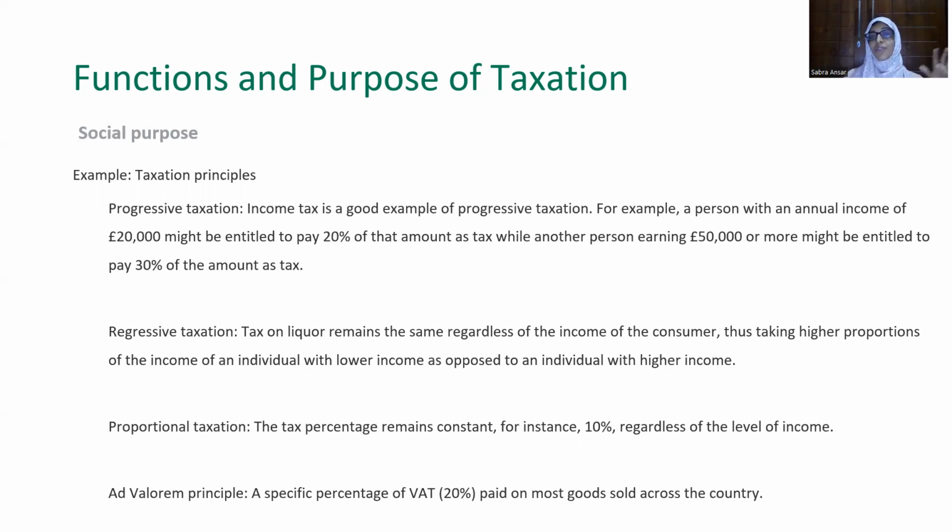For example, a person with an annual income of £20,000 might be entitled to pay 20% of that amount as tax, while another person earning £50,000 or more might be entitled to pay 30% of the amount as tax. So as you can see, when the income increases, the taxation percentage has increased as well.